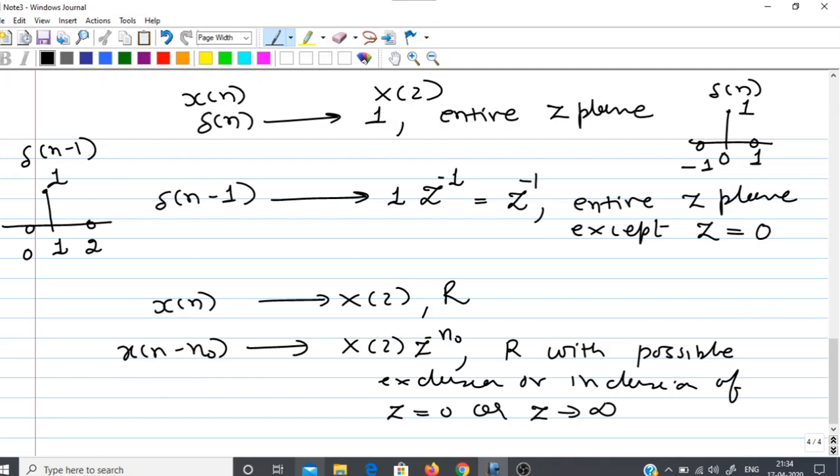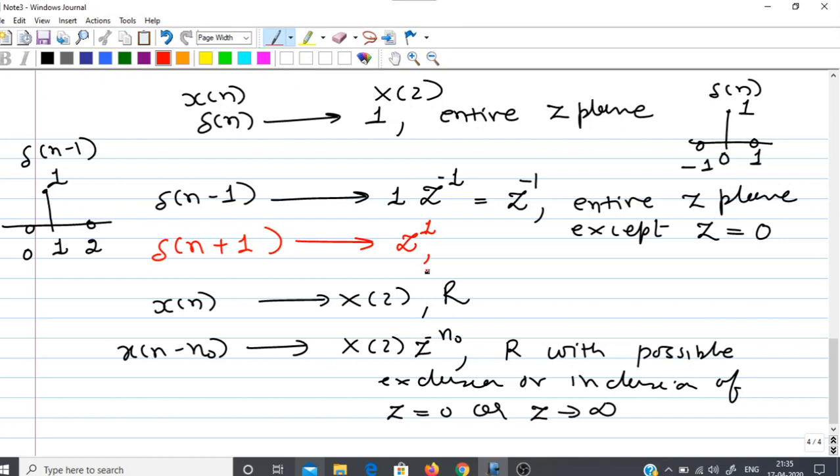Similarly, if I ask what would be the Z transform of the sequence, let's say delta n plus 1. So again, we can make use of the time shifting property. X z is 1 multiplied by z to the power minus n naught, now our n naught is minus 1, so minus minus will become plus. So this is the Z transform of delta n plus 1. And what would be the ROC?